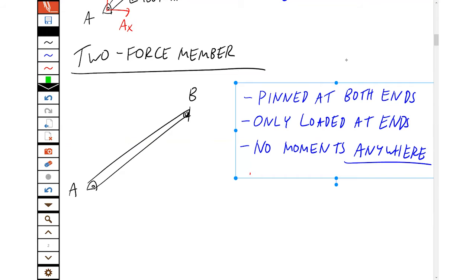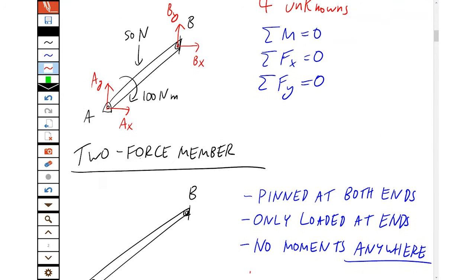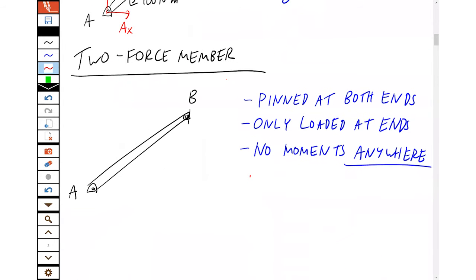It's only loaded at the ends, so there's no forces on the middle. If you have any extra forces, they're just at the ends. And there's no moments anywhere. You can't have a moment on the middle. You can't even have a moment at the end. So you just end up with this basic, simple strut between two pins. And if you want, you can have some extra loads acting at those pins.